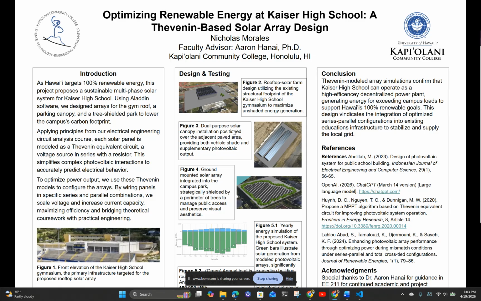And then this next phase here is the canopy array, and these were adjacent to some of the Kaiser solar panels, so they actually kept around the same degree.